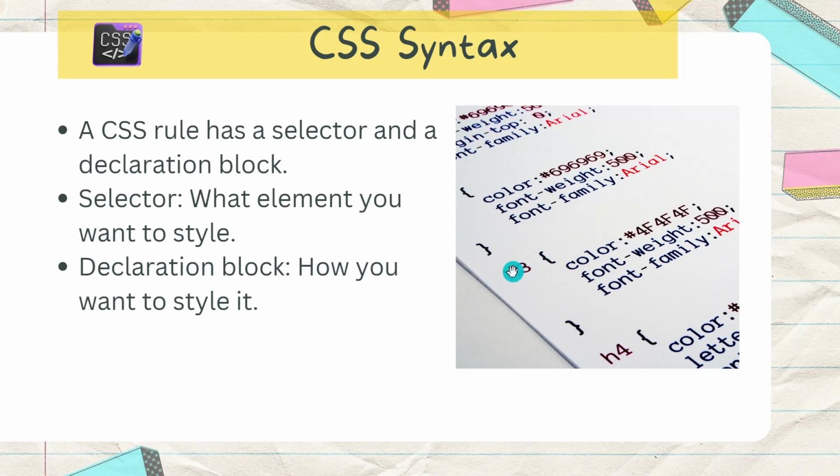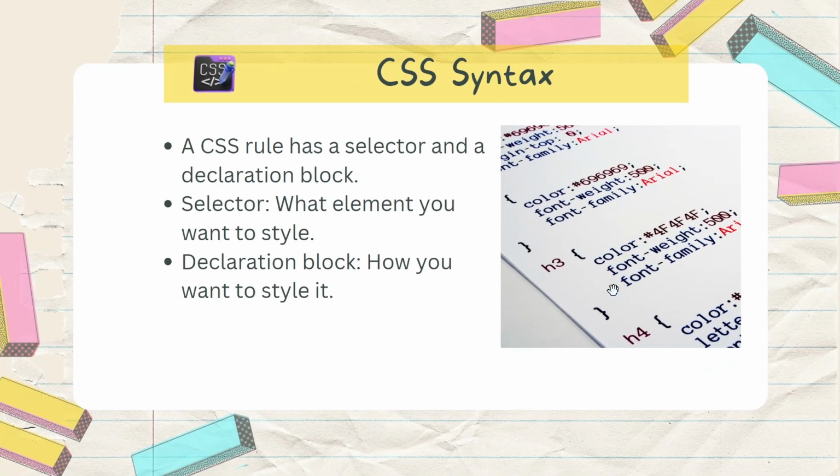Now you select any heading of this level, and for you to style it, you have to put your curly braces open and close here. This is your declaration block. So whatever you write, how you want to style that element, is your declaration block. I hope you understand.